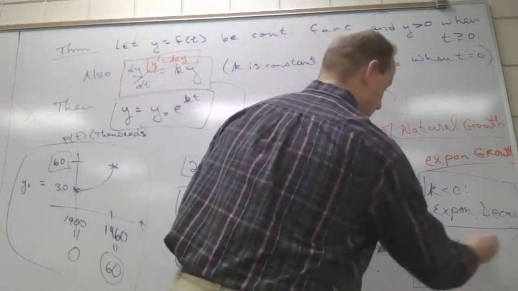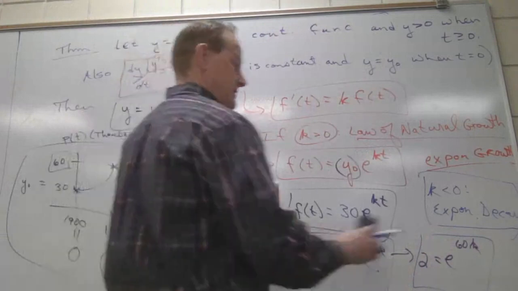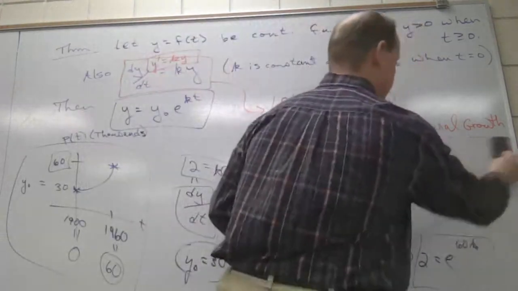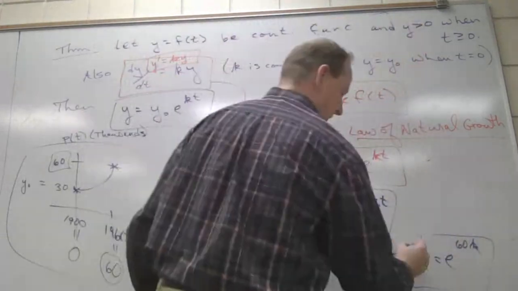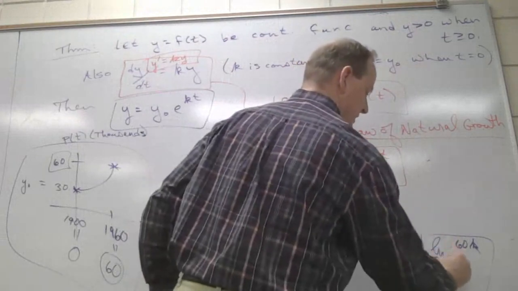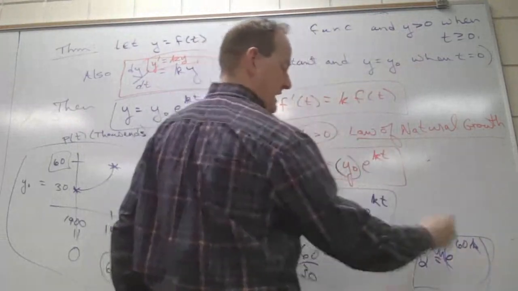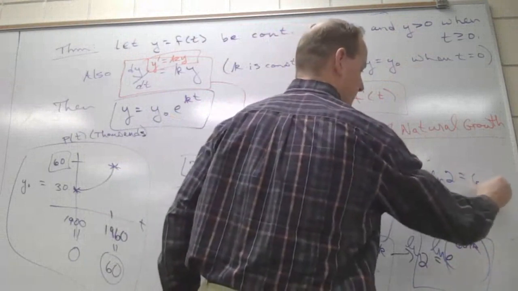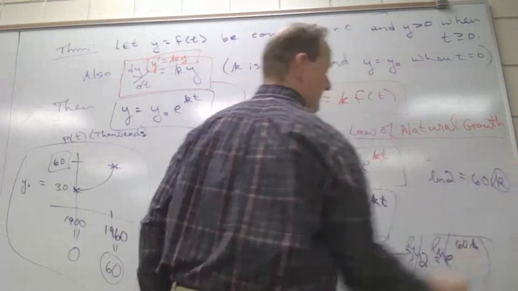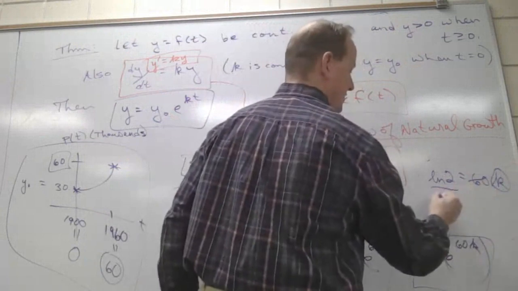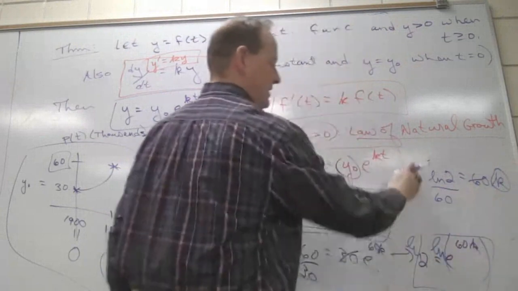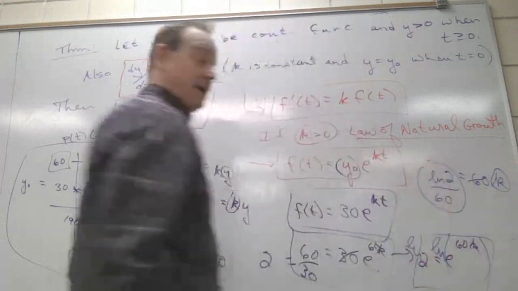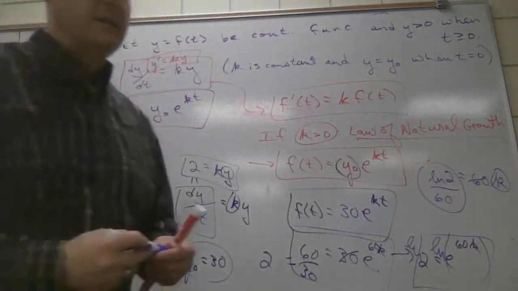Let me erase this. Take the natural log of both sides, right? The natural log of both sides will undo the e. So the natural log of 2 equals 60k. Solving for k gives natural log of 2 divided by 60. That's the exact value of k, right?